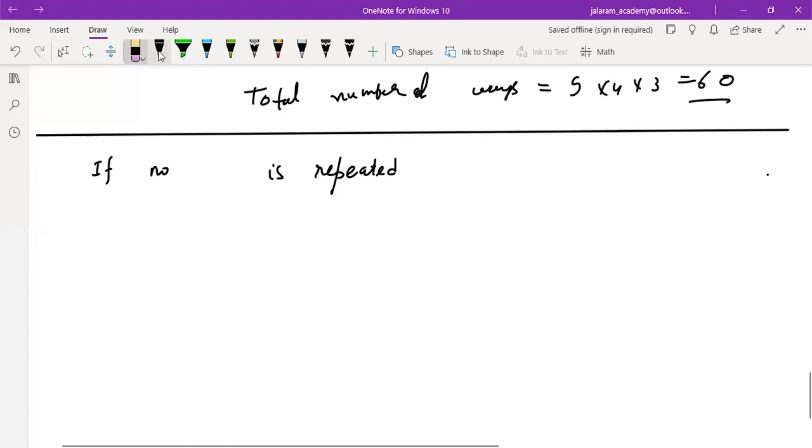We are not discussing the digit only. We are discussing alphabets, digits, letters, or persons, etc. Everything. So we are combining them as object. Okay. No object is repeated.